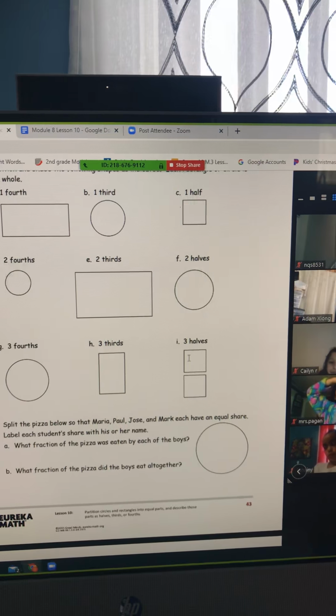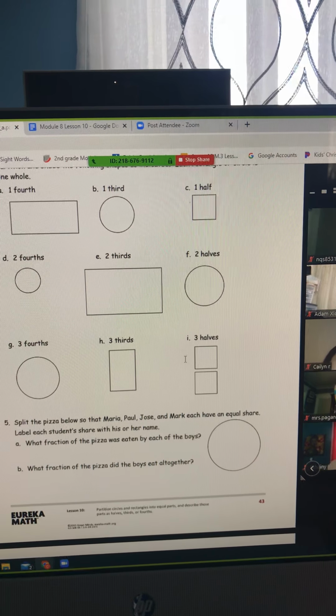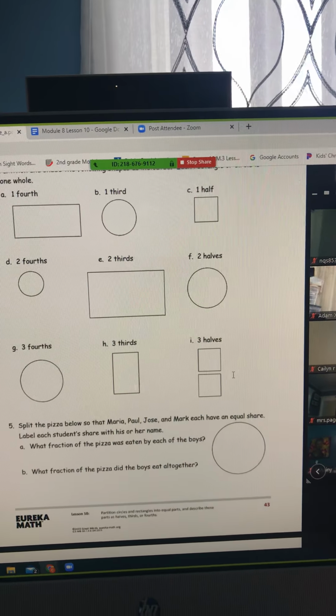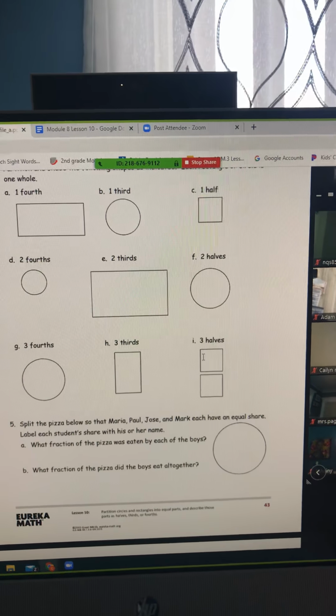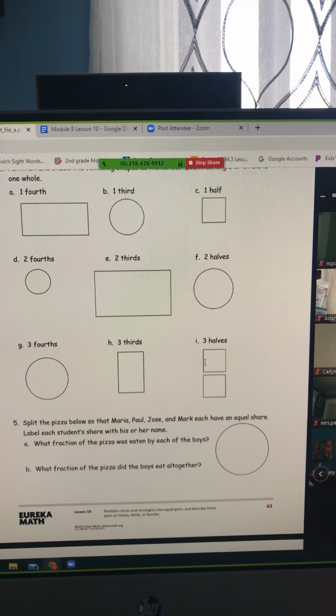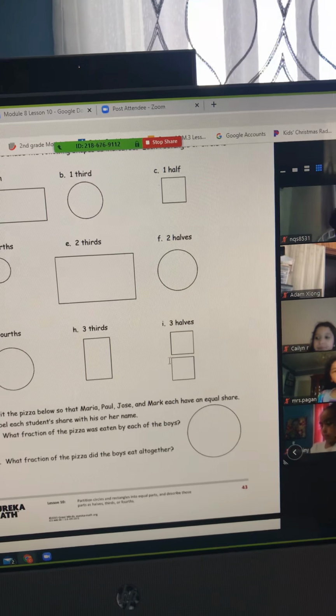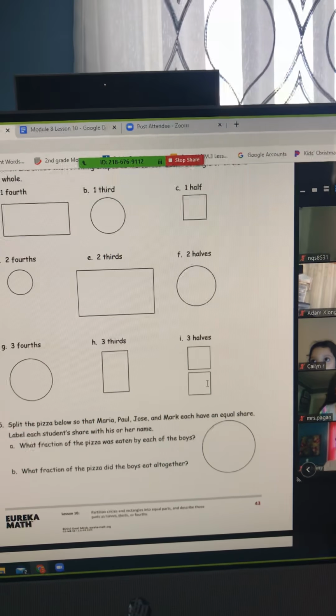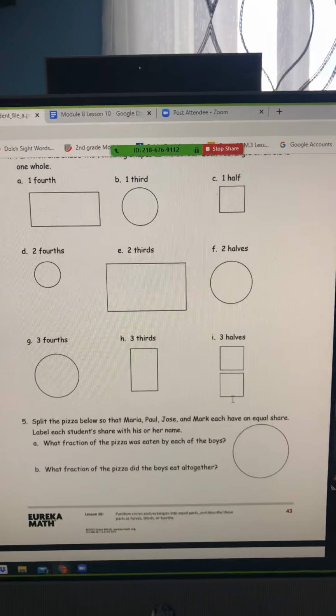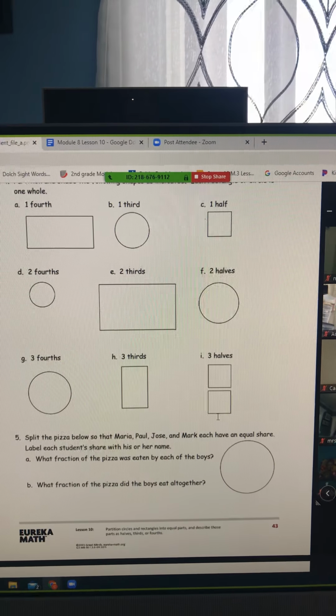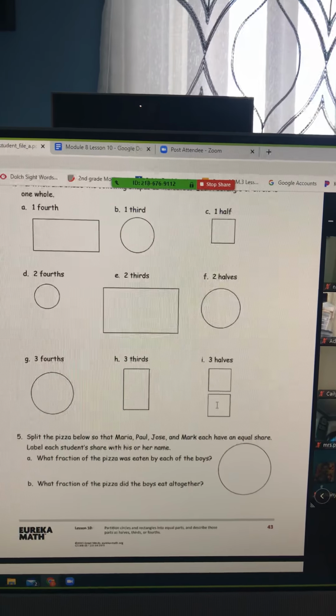And, partition. Can you partition 2 shapes into 3/2? No. So what they want you to do is partition this small square into half and this small square into half and then shade in 3 of the pieces. Okay?